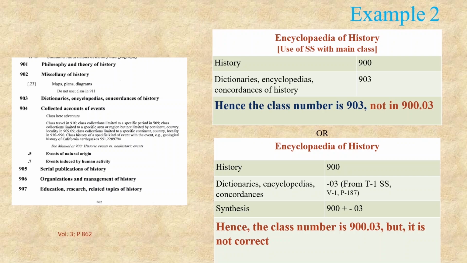Standard subdivision should only be used when the form or viewpoint is not already inherent in the subject classification. Thus, the correct answer is 903, not 900.03. If a classifier insists on building the number manually, they might construct 900 plus -03 from Table 1, leading to 900.03. However, this is unnecessary because 903 already exists as a predefined number in the schedules.